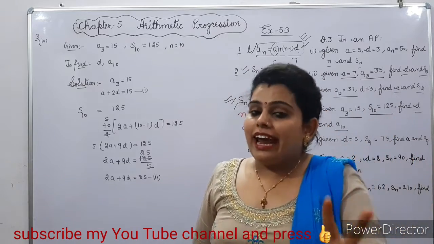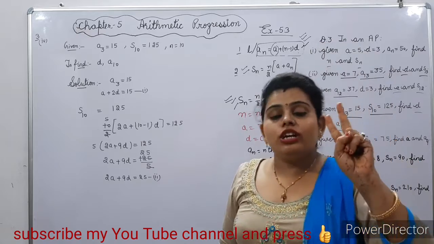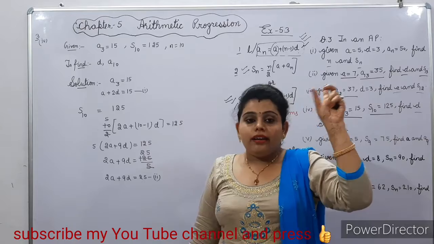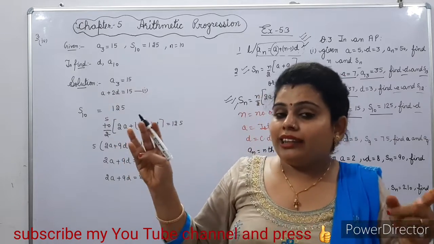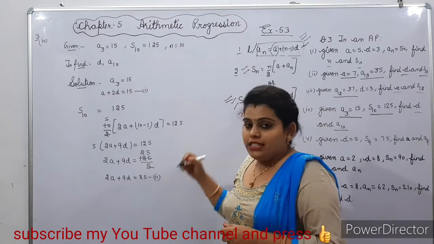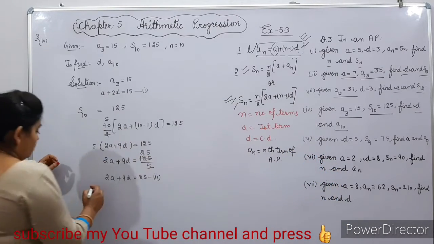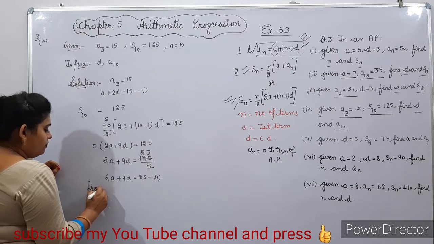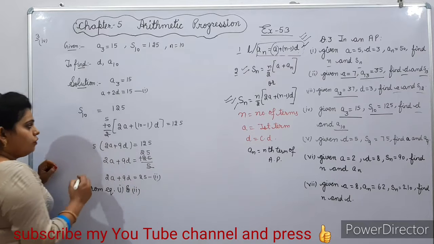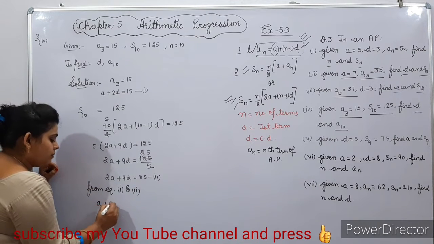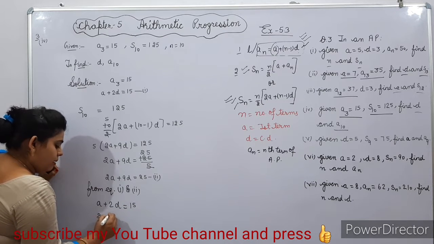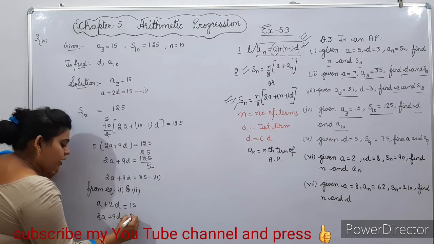Now from here we get two equations. हमें यहाँ दो equation मिलती हैं. Now we will use, come to third chapter, substitution method, elimination method, cross multiplication method. We can choose any method for solving these equations. From equations first and second we get A plus 2D is equal to 15, 2A plus 9D is equal to 25.